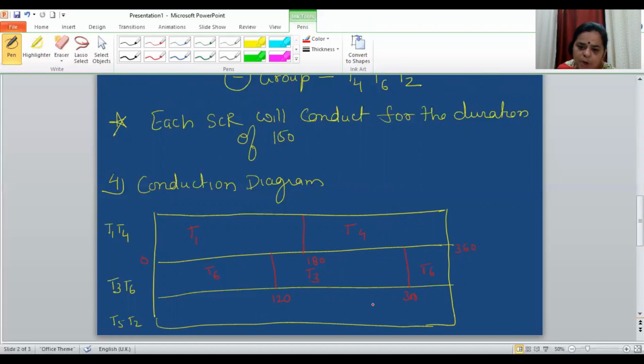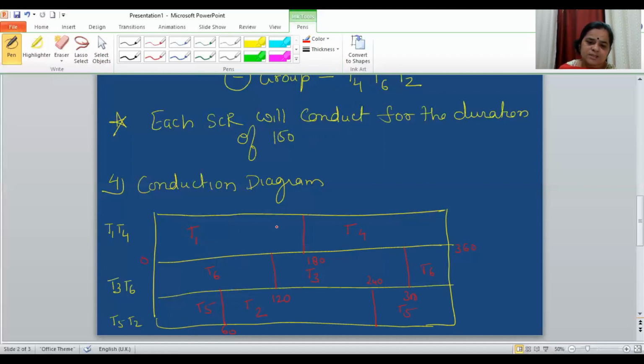Similarly, in the third leg, T5 can start conducting at 240, and if I add 180 to 240, I get 60. So T5 conducts, and after this T2 can start conducting at 60.